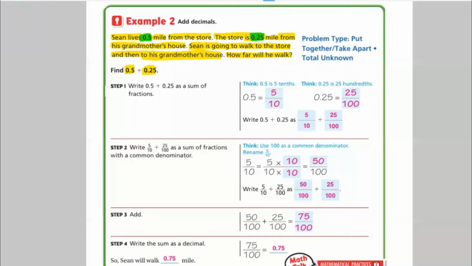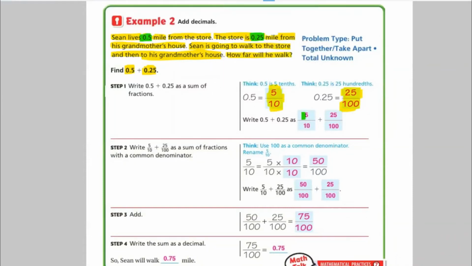First step, you have to convert each decimal to fraction form. So let's convert 0.5 to become 5 over 10 and 0.25 to become 25 over 100.